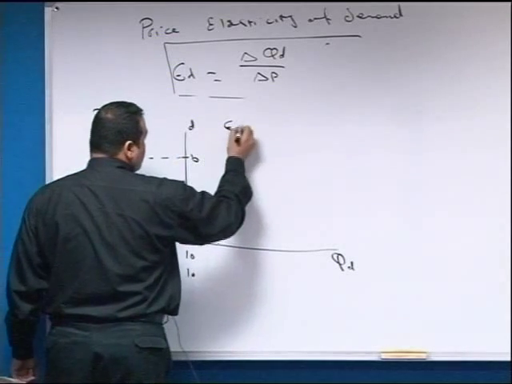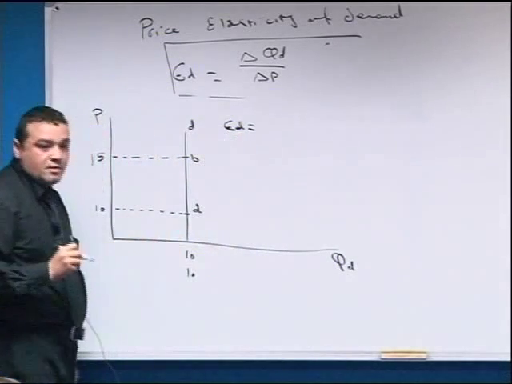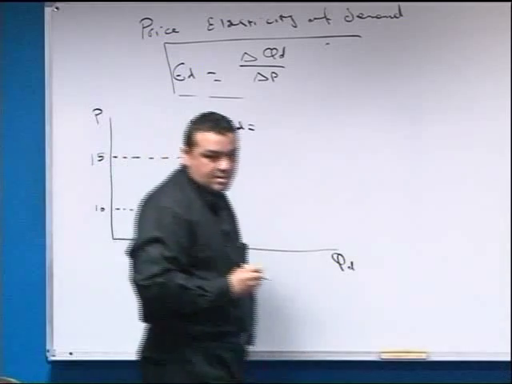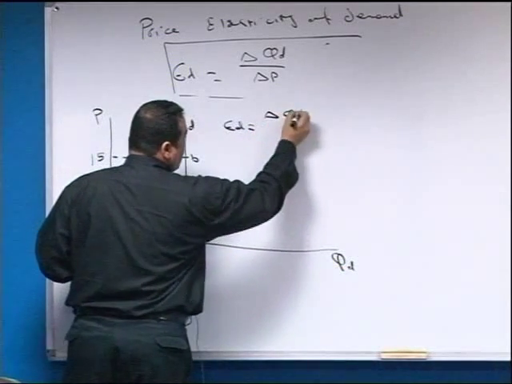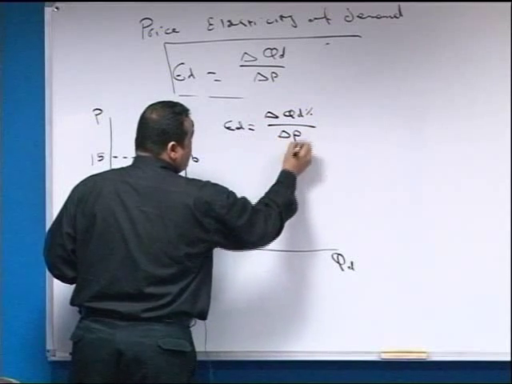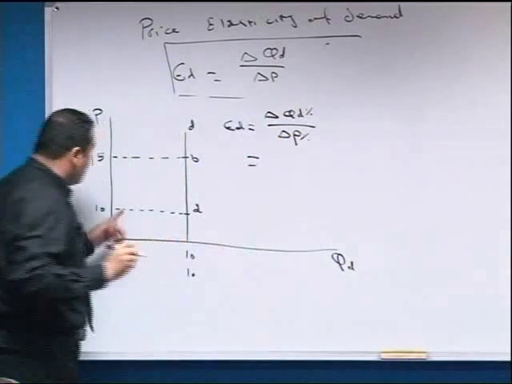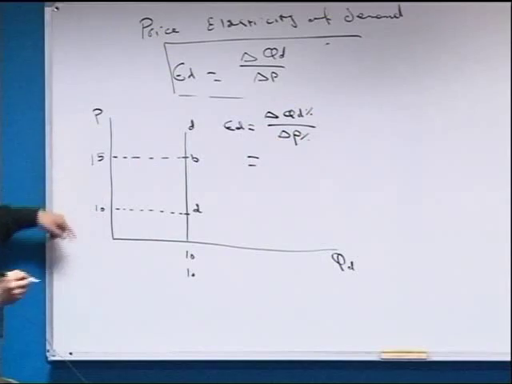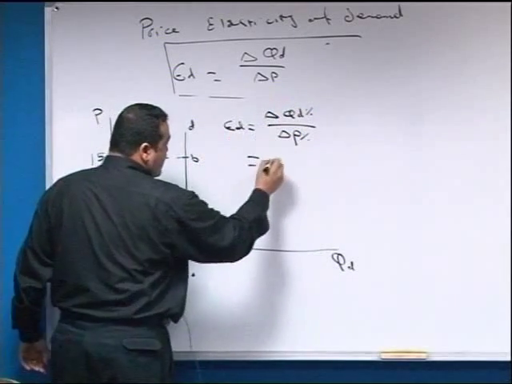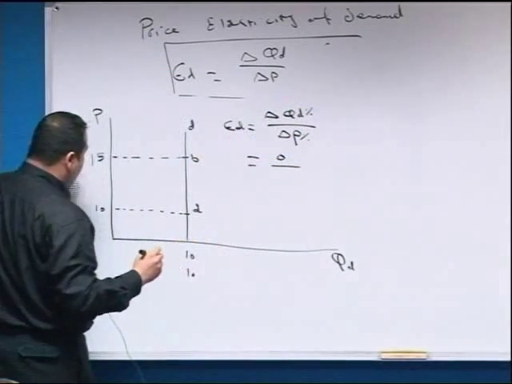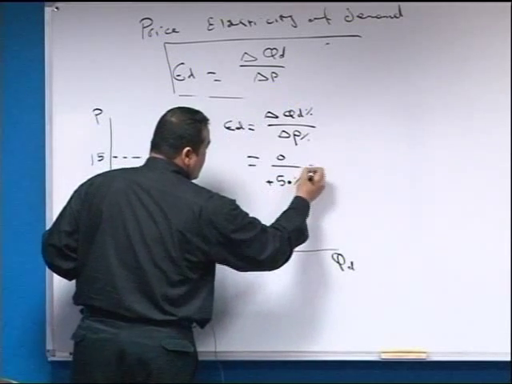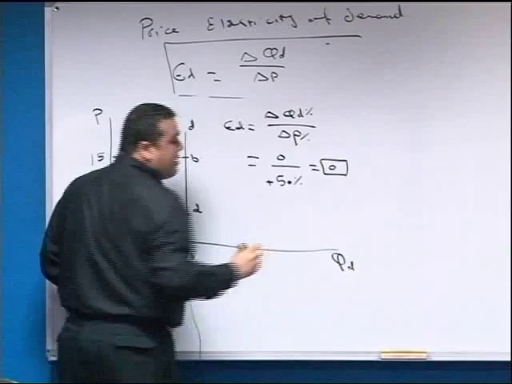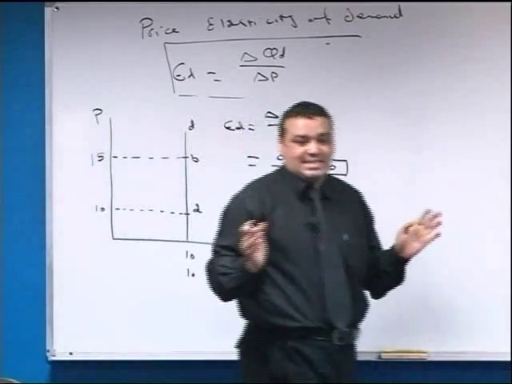ED? Yes, for sure. Thank you, because ED equals percent delta QD over percent delta P. The price elasticity of demand equals delta QD, which is 0, over delta P, 50%. So it is 0. The demand is perfectly inelastic.